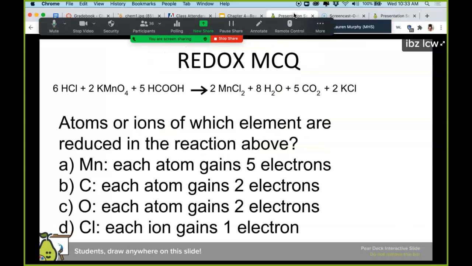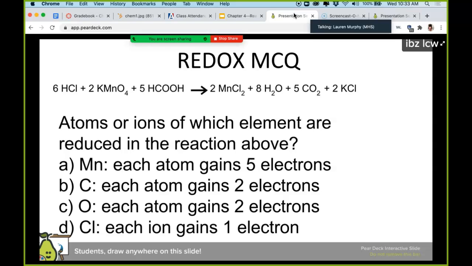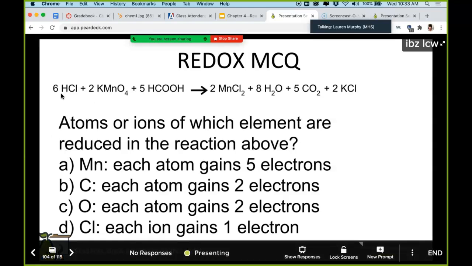Okay, this reaction is an example of a multiple choice question from the AP test. They have a complete molecular equation. What I was trying to explain to the last class is that this equation has spectator ions present in it. They haven't completely dissociated things yet.